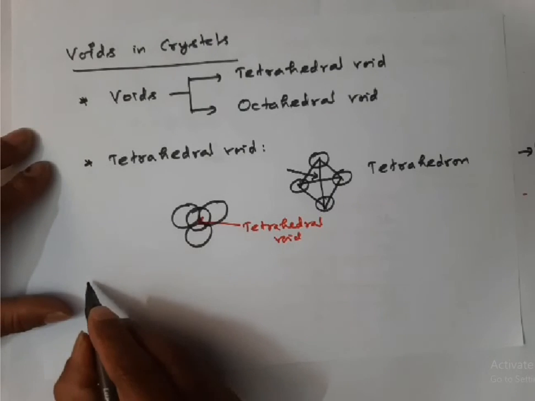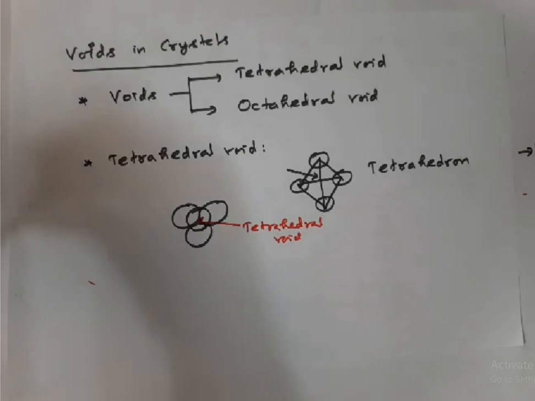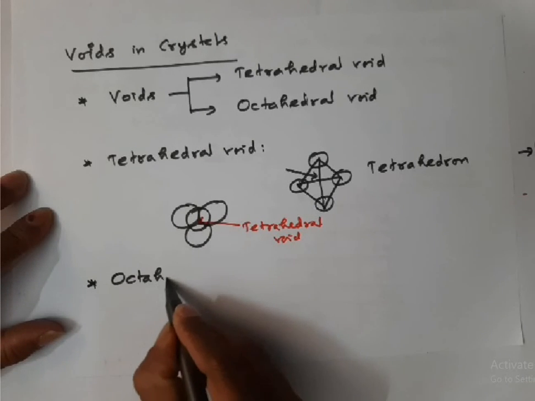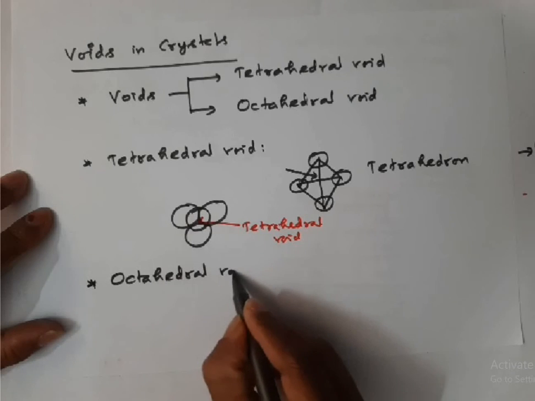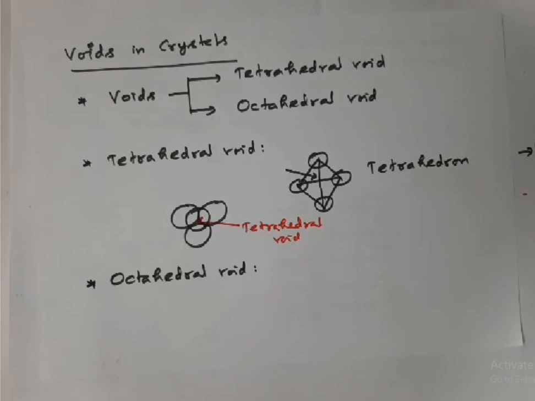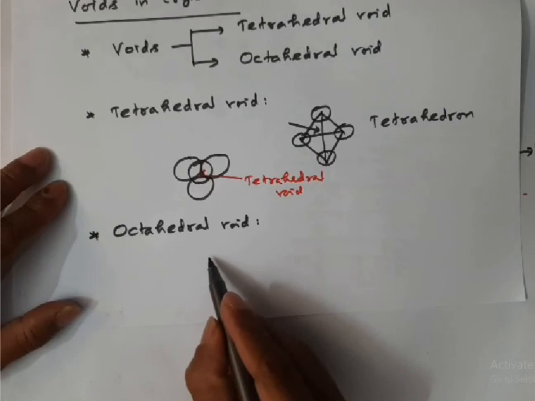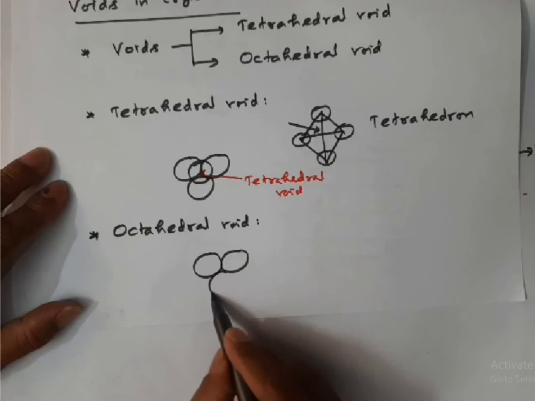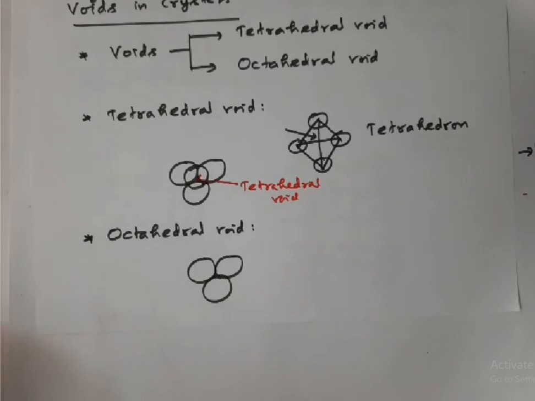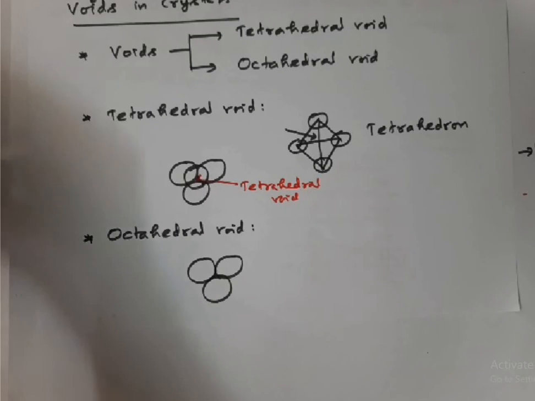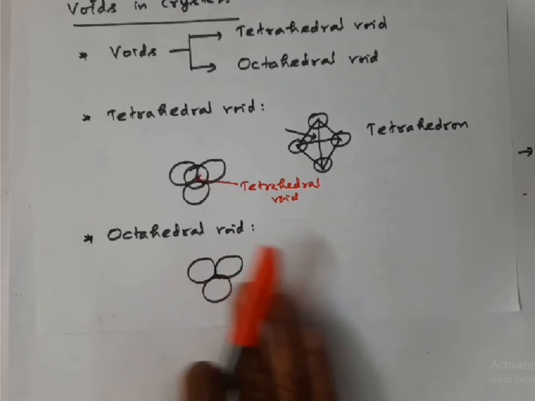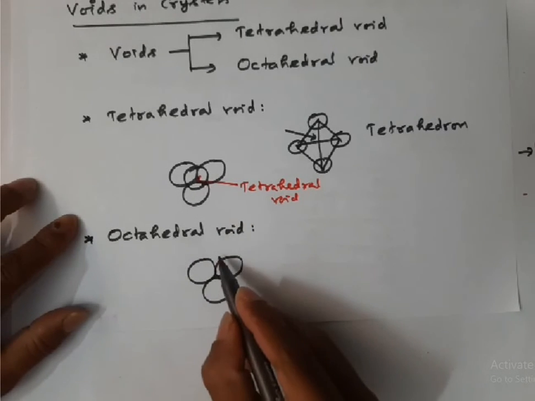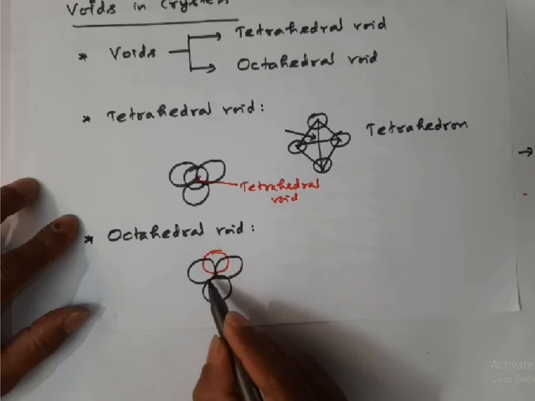What about octahedral void? What is meant by that? In octahedral void, listen, I'll take three atoms and place them like this. And I'll place three more atoms above these. Assume that this is the bottom layer. I'm going to place one more layer over this in such a manner that I place one atom here and two atoms like this.